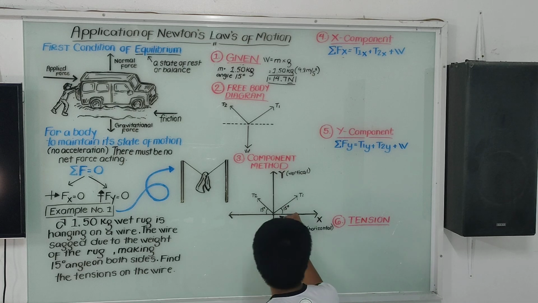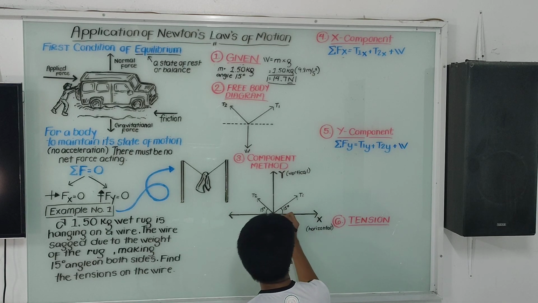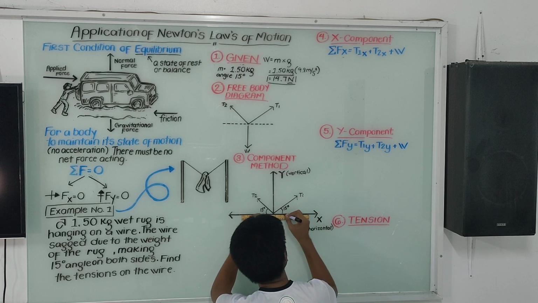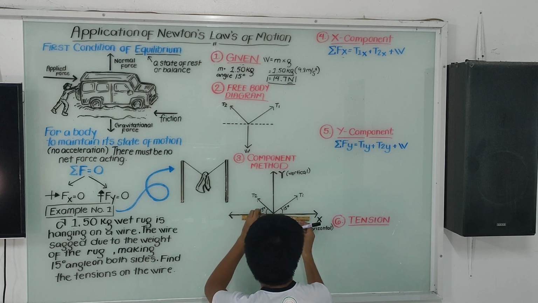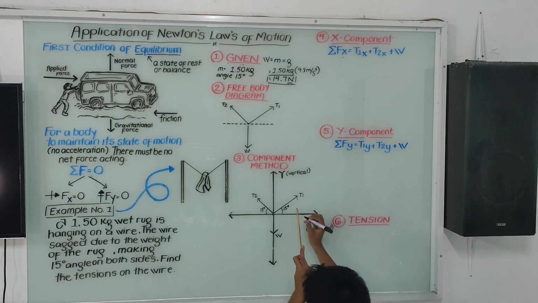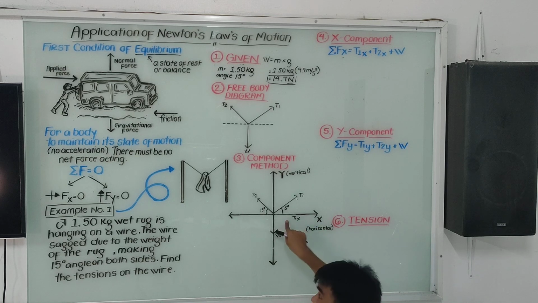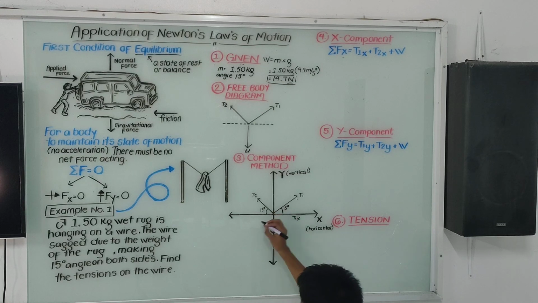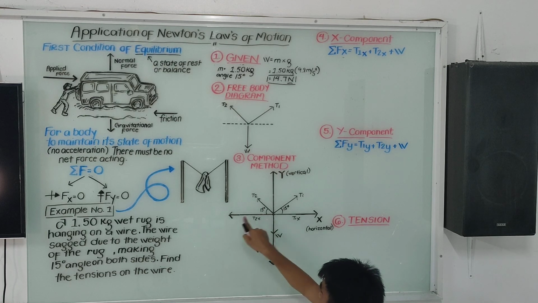So here, this is T1x. This is x because it's horizontal and it's located in the x-axis. On the other side, this is our T2x, still x, because it's on the x-axis.